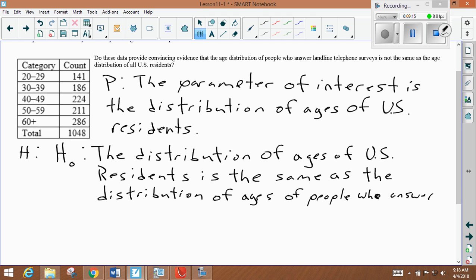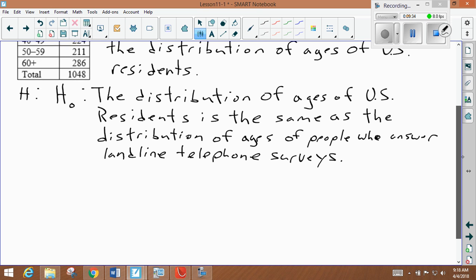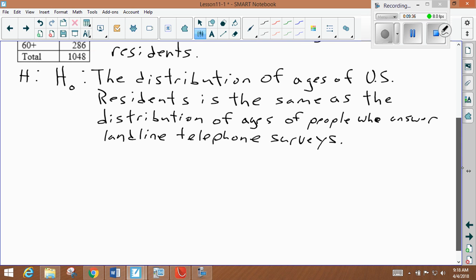Lots of words. And that's literally how it's supposed to be. Just a lot of words. It's kind of crazy.